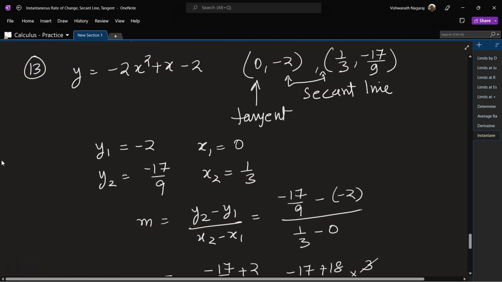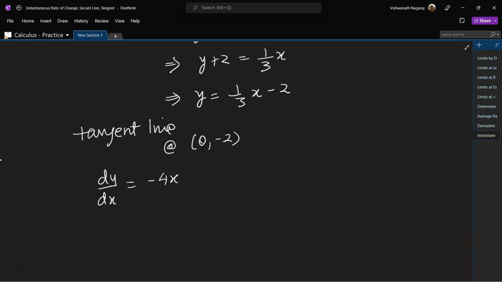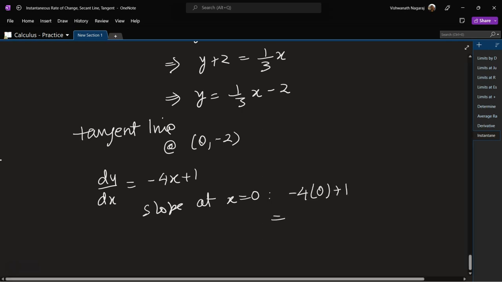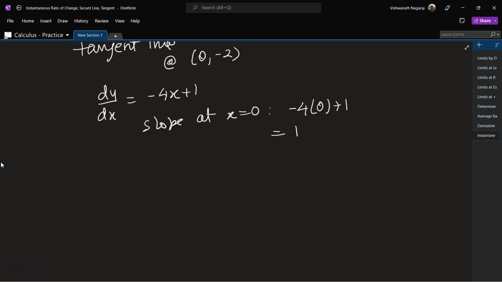So the curve is minus 2x square plus x minus 2. So the dy by dx would be minus 4x plus 1. And the slope at x equal to 0 would be minus 4 times 0 plus 1, which is 1. So we have the slope and we have a point.